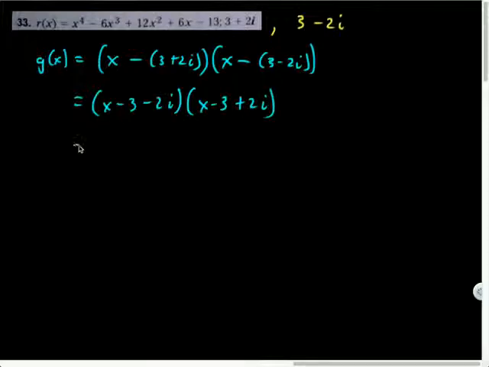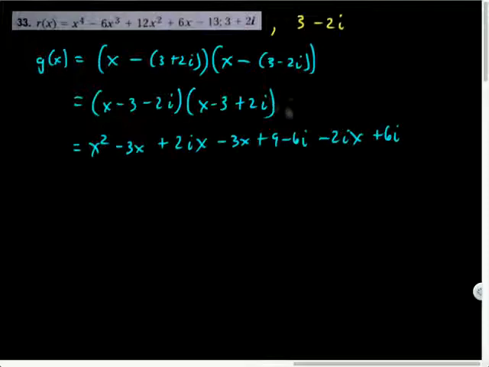Right. So now when I distribute this out, I'm going to multiply the x by all of those. I'll get x squared minus 3x plus 2x. Negative 3 times all of those would be negative 3x plus 9 minus 6i. And negative 2i times all of those would be negative 2x plus 6i. And negative 2i times positive 2i is going to be minus 4i squared.